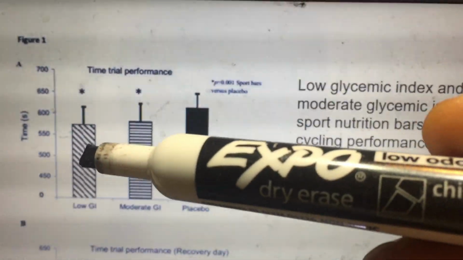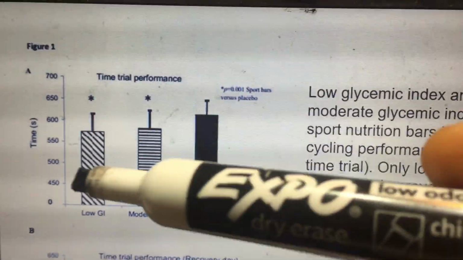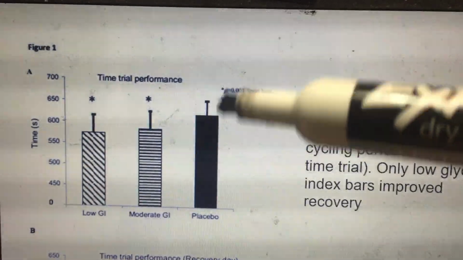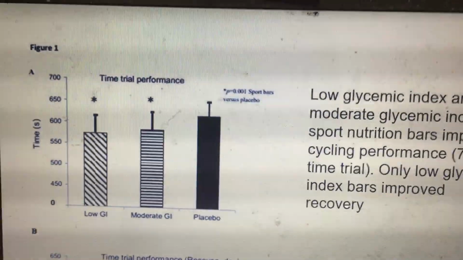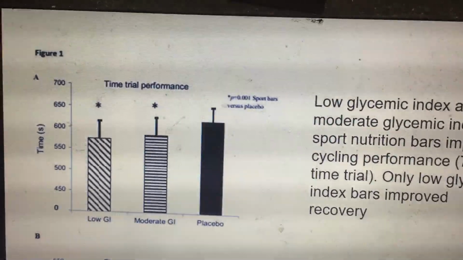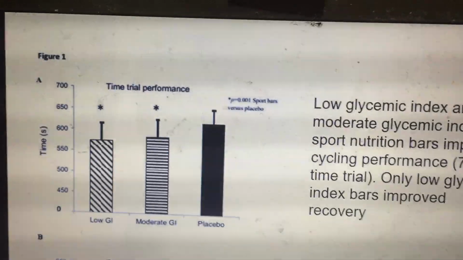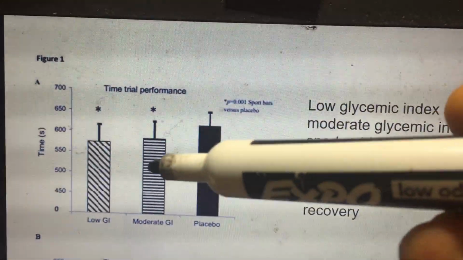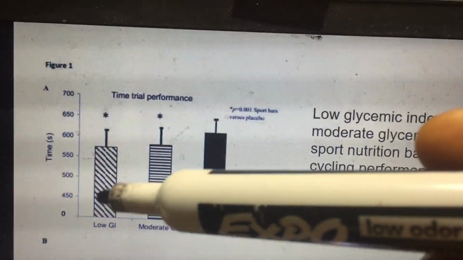You can see the low glycemic index bar and the moderate glycemic index bar both improved time trial performance over a placebo condition. The placebo was diet Jello, but we told them it was a sports gel, and it essentially contained no calories. So either one of the sport nutrition bars improved time trial performance.